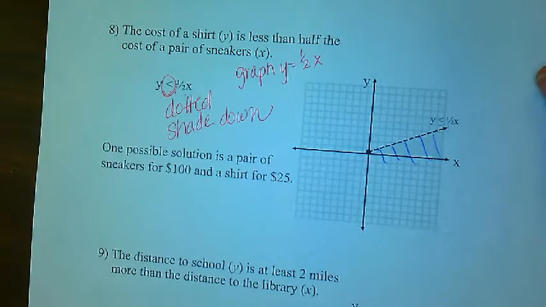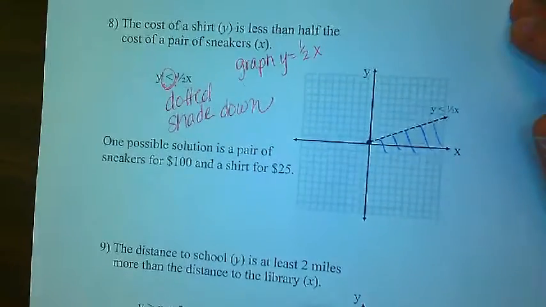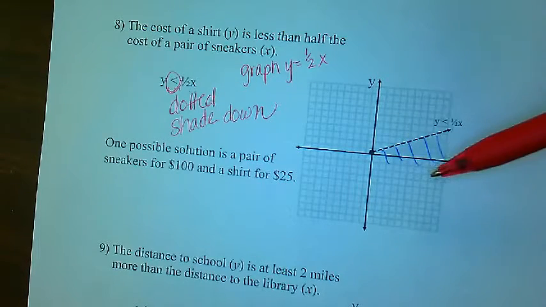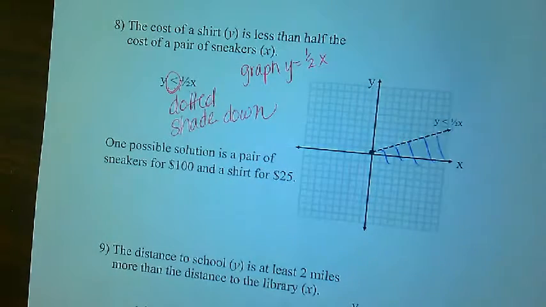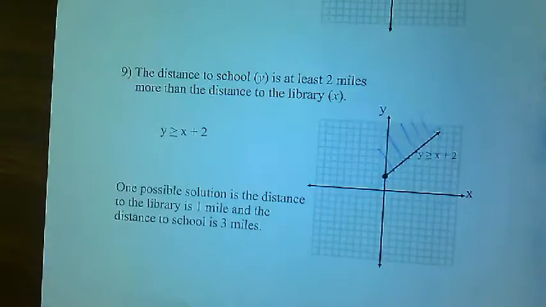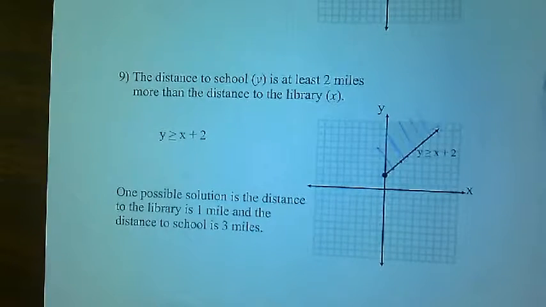All right, one solution for this would be $100 and a shirt for $25. So really you can pick whatever you want. I chose things that were kind of way out there just to pick something, okay? Because remember, these shaded regions, these lines, they go on forever, okay?